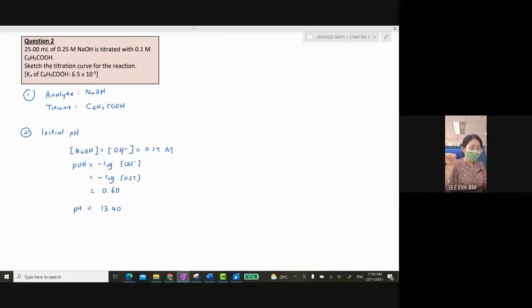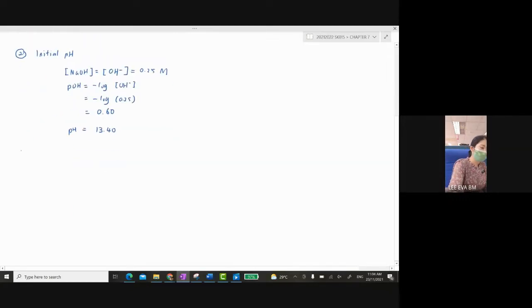And then for your third step, what is it? Find the pH range. So this is at which point, is it initial, equivalence, or final?